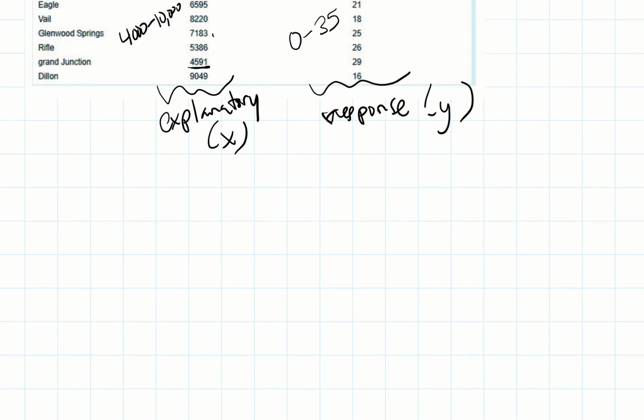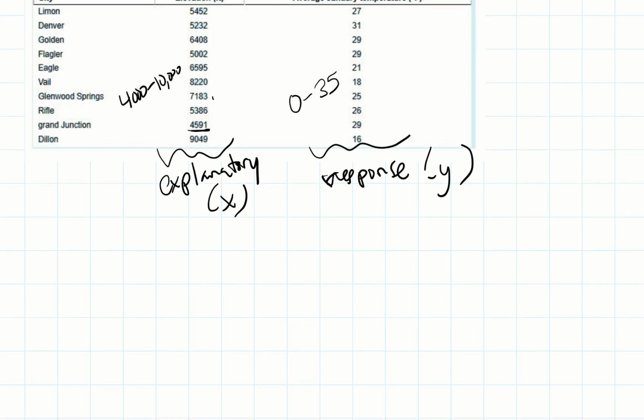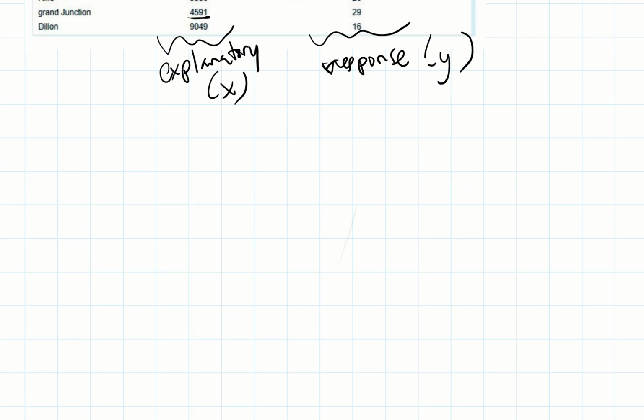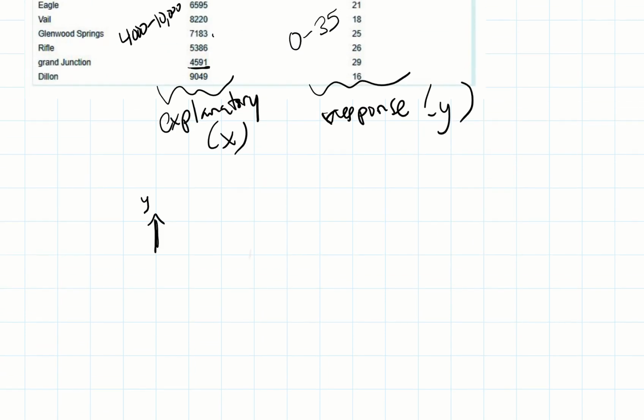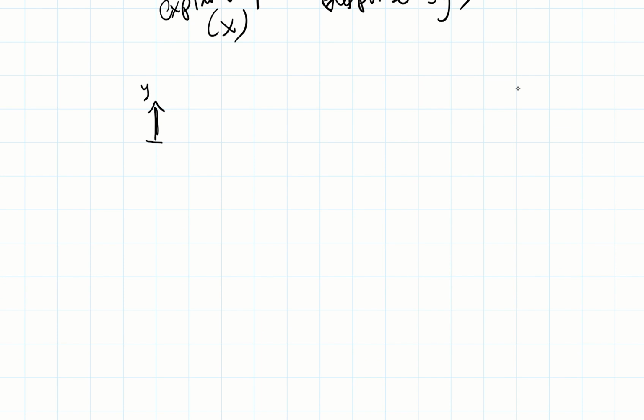So let's go ahead and make the scatterplot. We're going to need plenty of room on the x-axis and a little bit on the y. On the y-axis, let's go to 35, and we want to go by 5s, right?